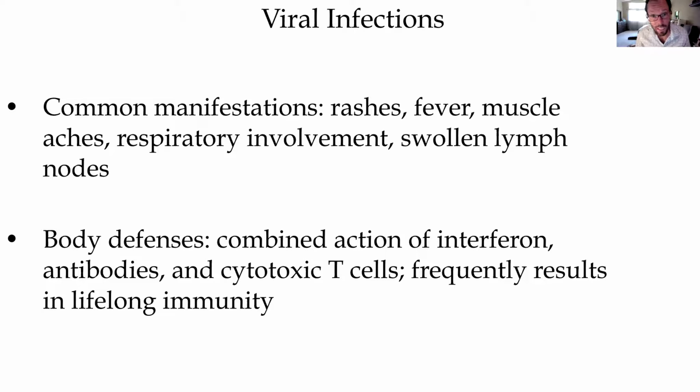Remember, we talked about that, how that's the cell's really first way to warn other cells about a virus that's infected it. And then you get, of course, your cytotoxic T cells to take them out. You get the production of antibodies from the B cells. And hopefully you have immunity afterward.